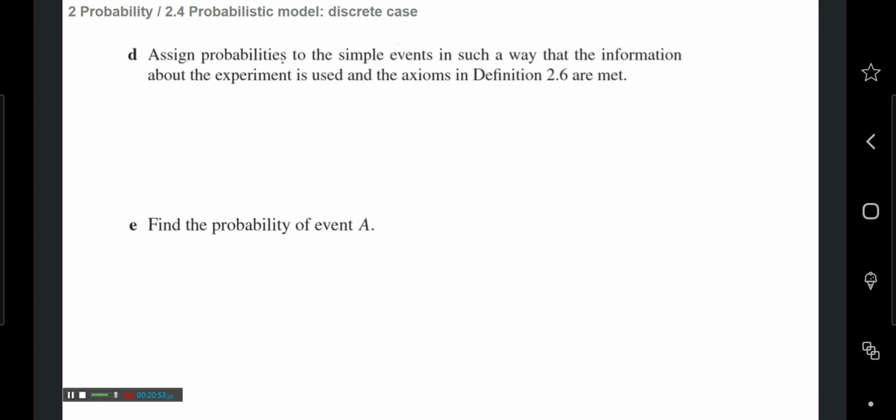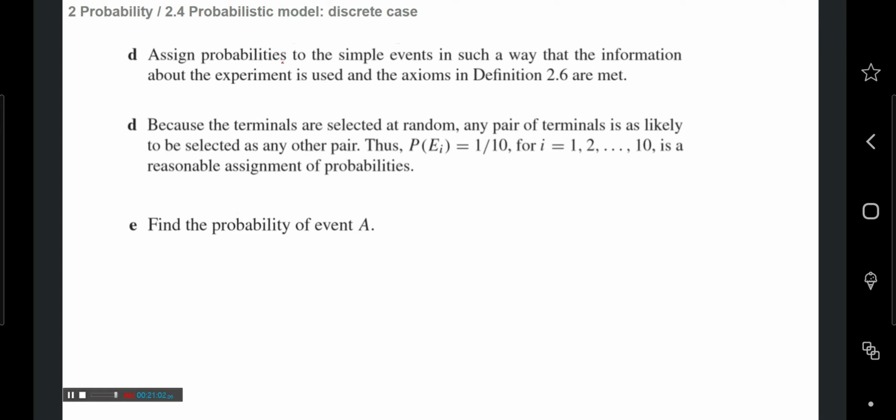One idea is to impose equally likely probabilities, so for any realization they are equally likely, and we assign probability 1 over 10 to each event. That would be a reasonable assignment.